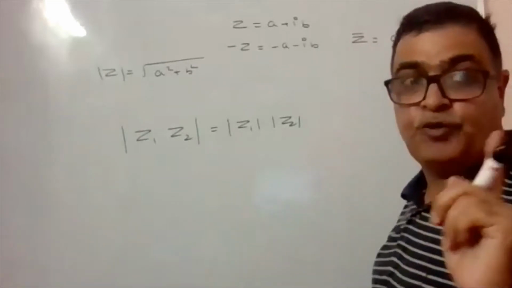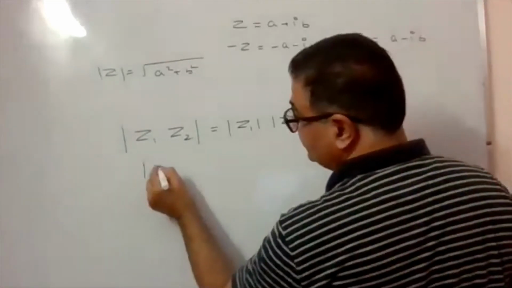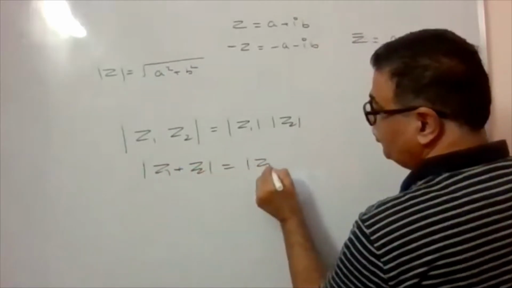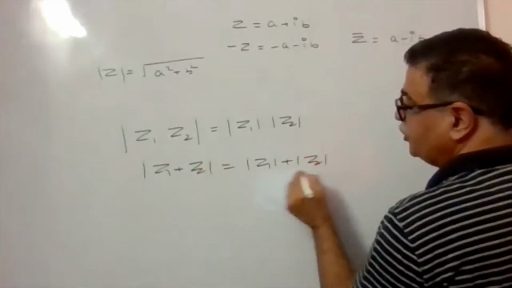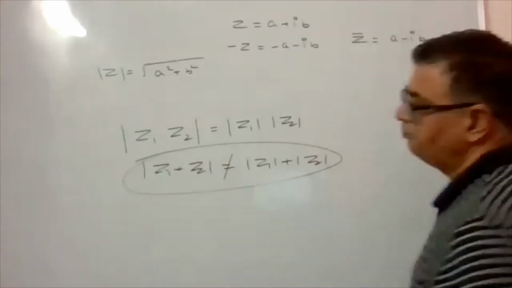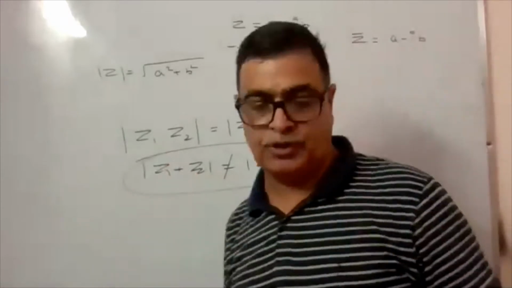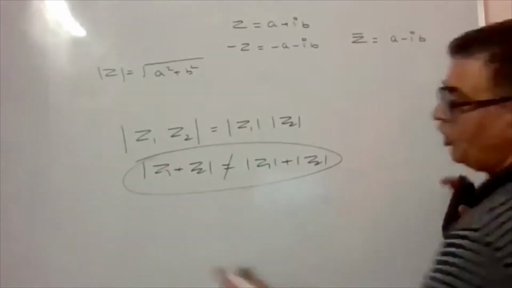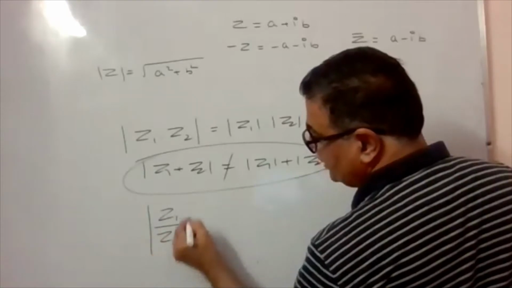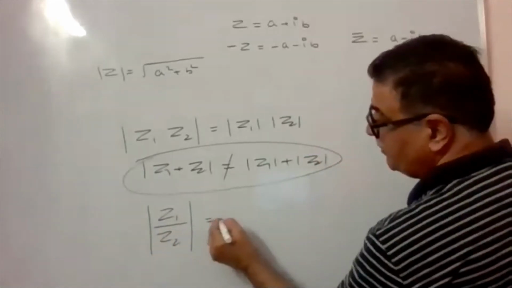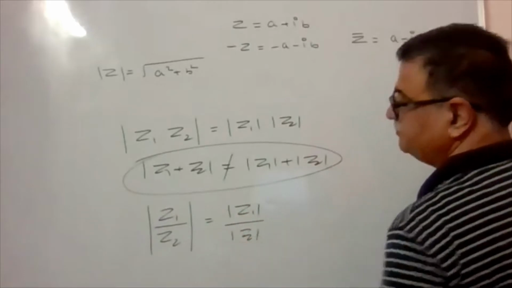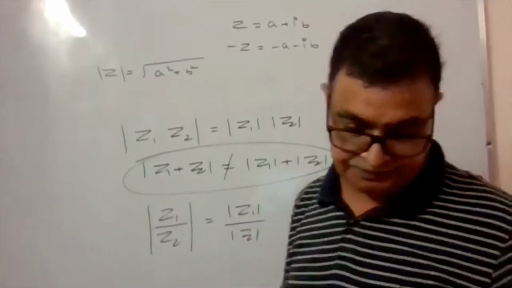But this is not valid for addition. Keep in mind, don't write modulus of (z1 + z2) equals modulus z1 + modulus z2. It is not valid. This is a wrong case. It is valid only for the product and for division. If it is z1 by z2 modulus, it will come out to be modulus z1 by modulus z2. That also you should remember.